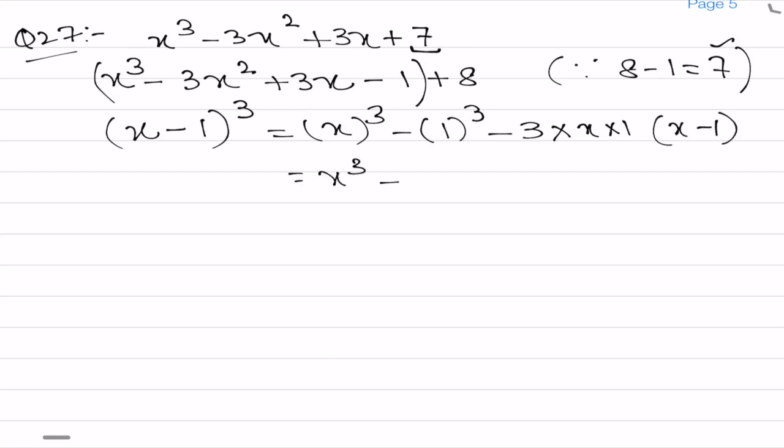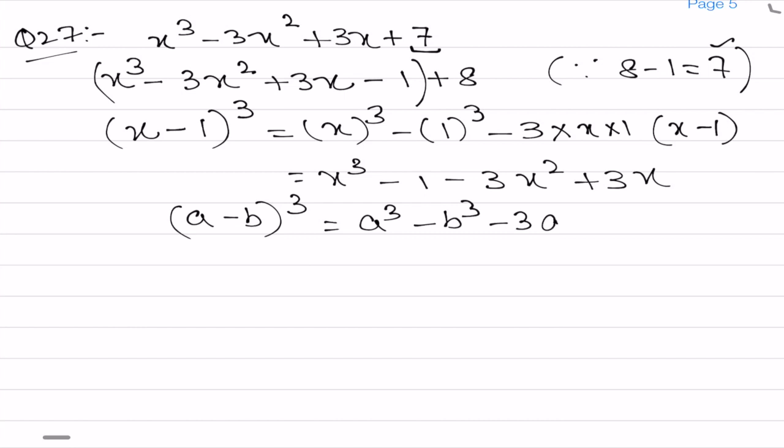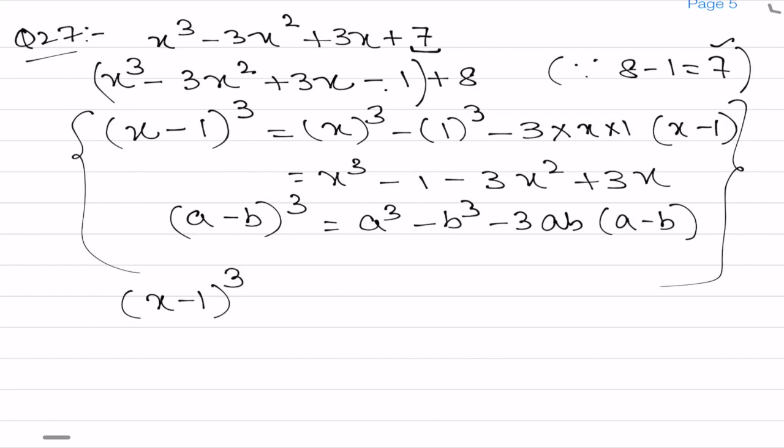If we expand this, we will get the same terms, x cube minus 1 minus 3x square plus 3x. Here which identity have we used? (a minus b) whole cube, that is a cube minus b cube minus 3ab into (a minus b). So the first 4 terms we will replace with (x minus 1) whole cube, plus 8, which is a perfect cube of 2.